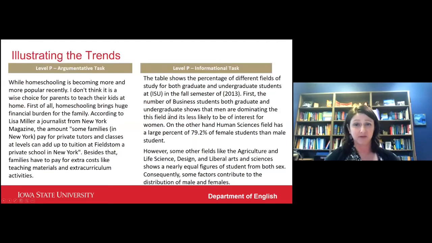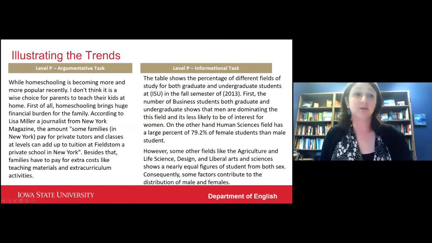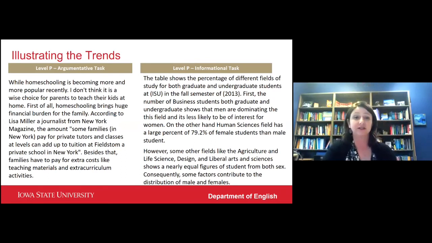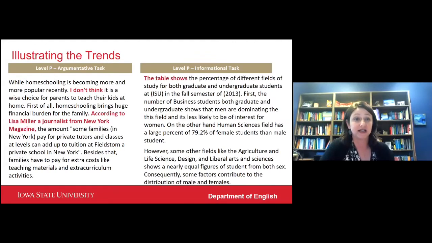Okay, if we look at what these mean in terms of illustrating these terms, on the left is the argumentative task, and on the right is the informational task. Okay, and we can see that they listed very different language. So for example, on the left, we see lots of personal opinion and references to the reading passage that corresponds to the nature of that task.